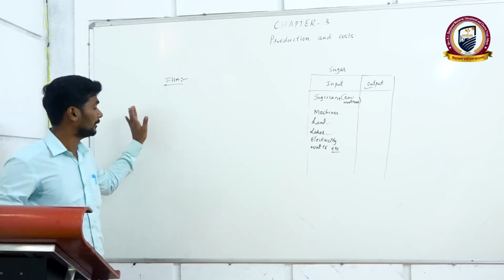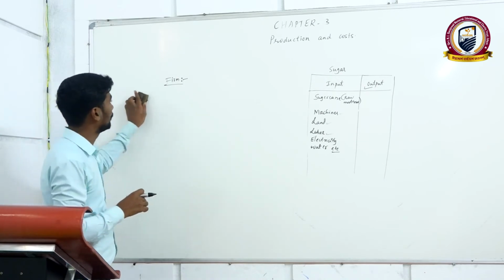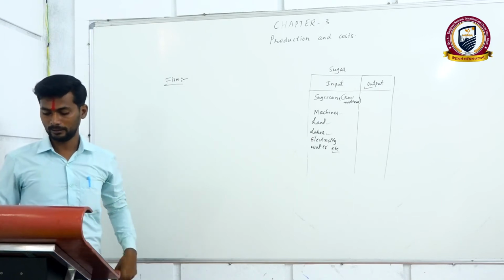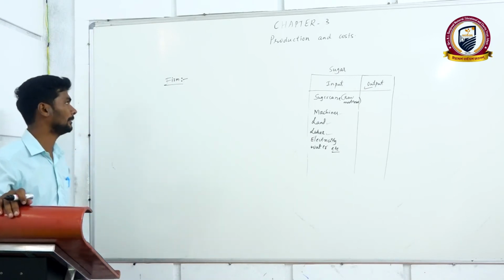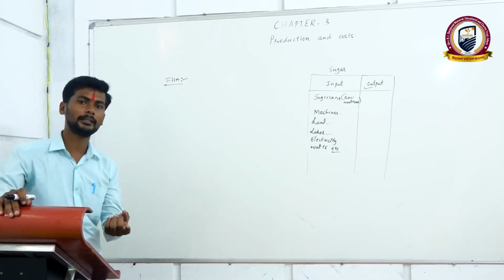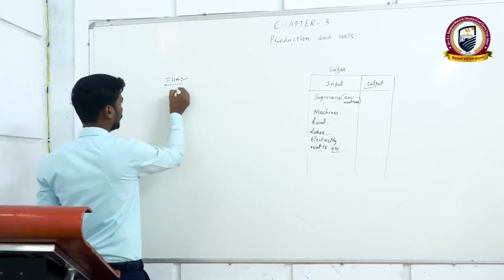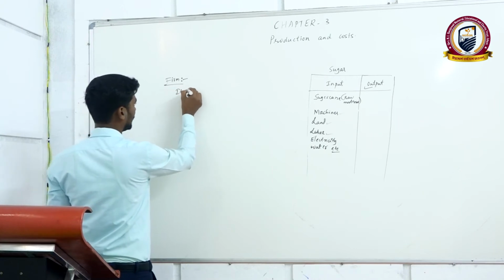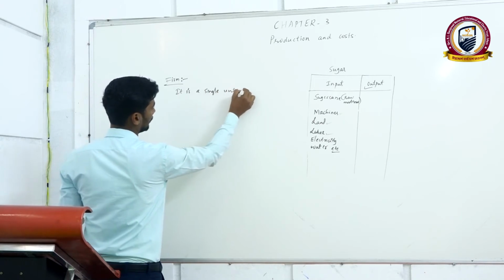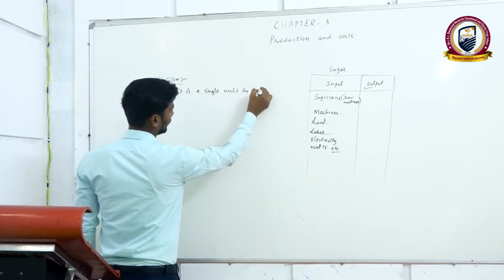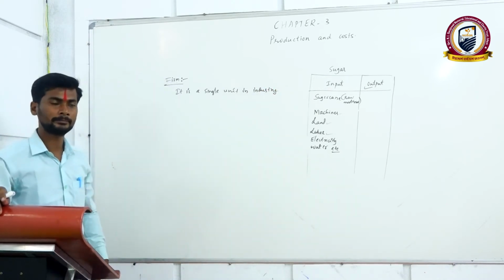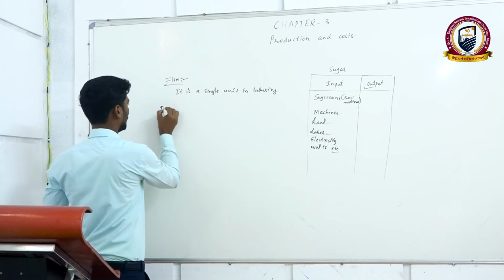In the last year, we discussed the difference between firms and industries. I will recall that once again. Firm means it is a single unit in industry. Industry is different and firm is different. And what is industry?